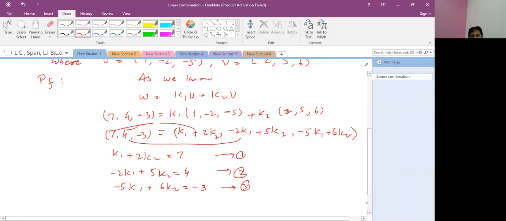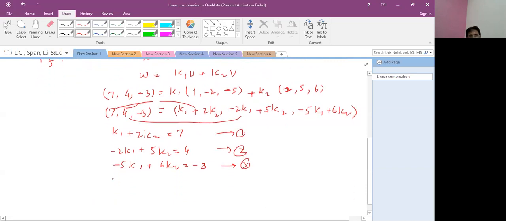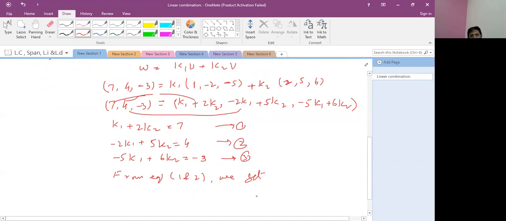From equation 1, K1 plus 2 times K2 equals 7.